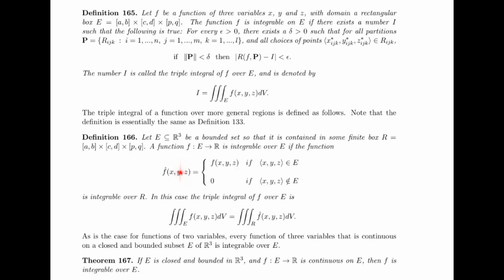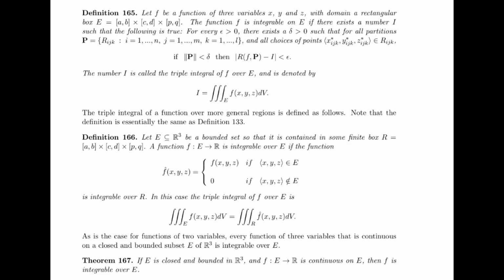Once again, you can show that it doesn't matter which box you take, because the contribution 0 is not going to give you any contribution in the Riemann sums in the limit. In this case, the triple integral is just equal to the integral of the extended function over our rectangle, which has been defined in 165. Again, completely analogous to the 2-dimensional situation.